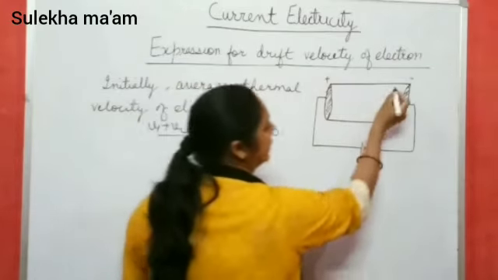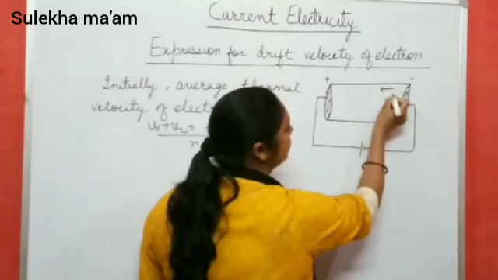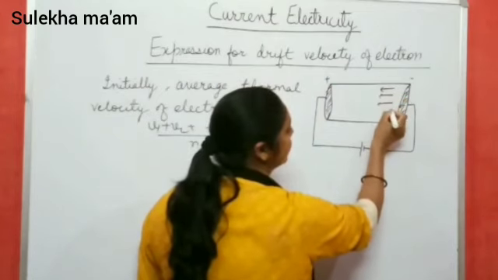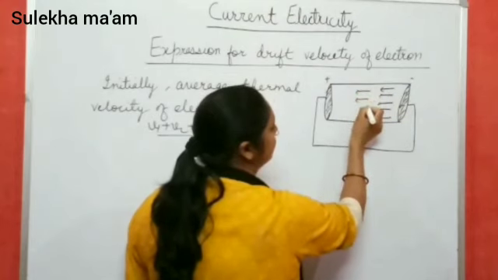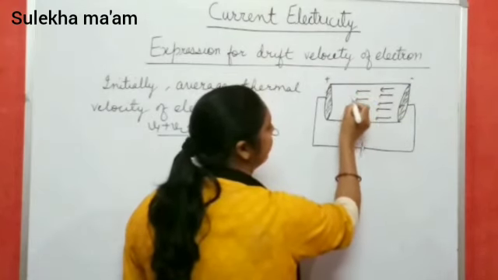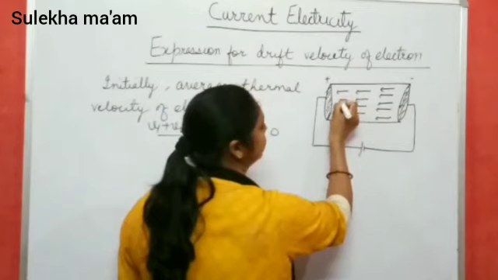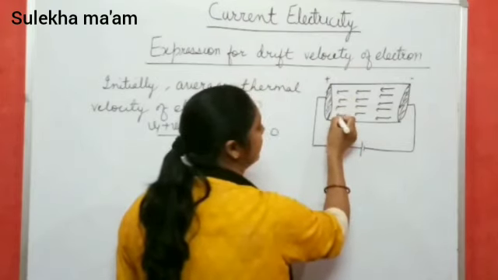In this way, electrons start moving in this direction. All electrons start moving towards the positive end. They are attracted towards the positive side of the conductor.